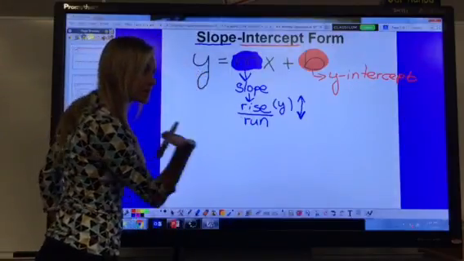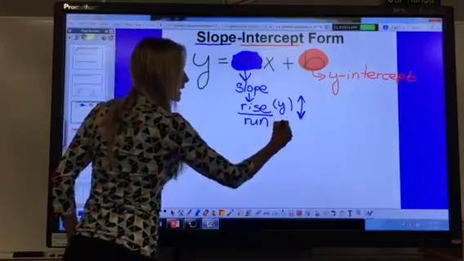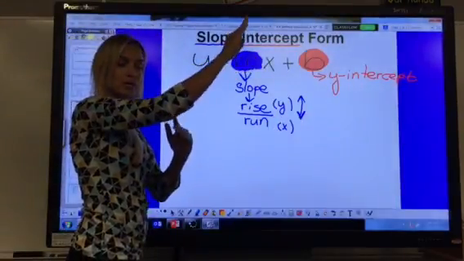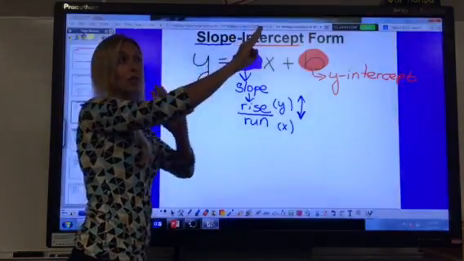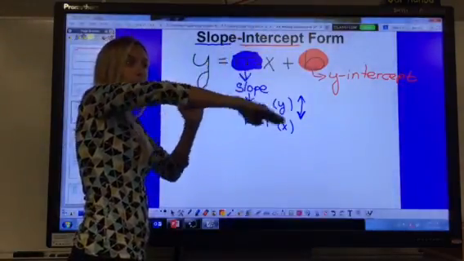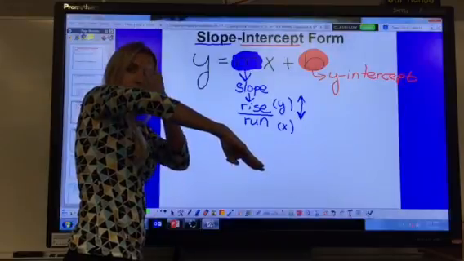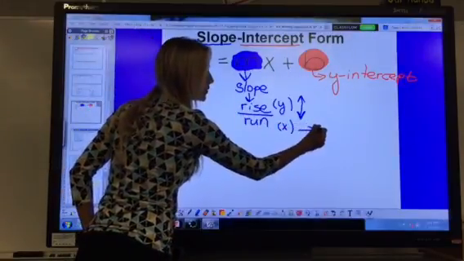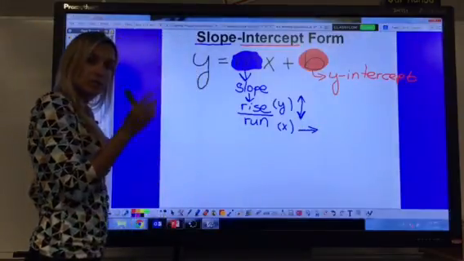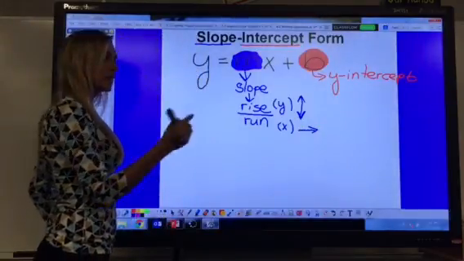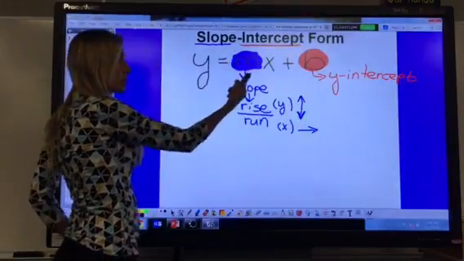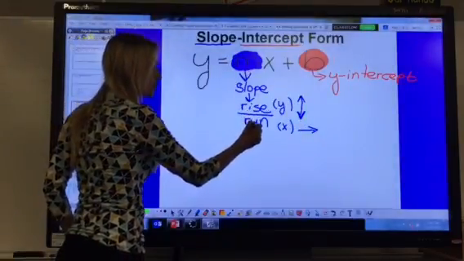Run is literally the x-axis, and if you paid attention earlier, I said it's either positive slope if I go left to right, or a negative slope, right, if I look at the line left to right. So I like to say our run is always to the right. So slope is there's only one way, and it's going to be only the right way for now. So M is the slope, which is rise over run, y over x.